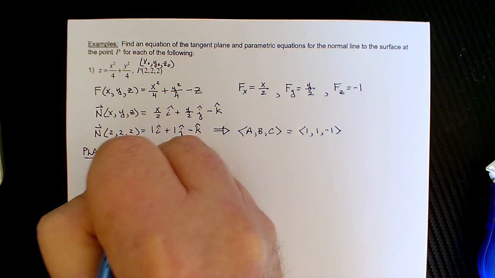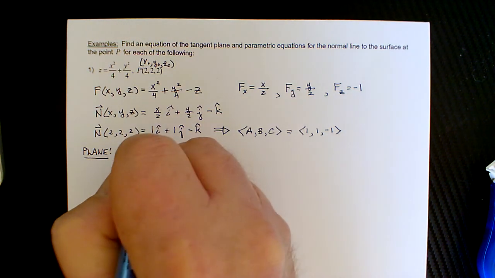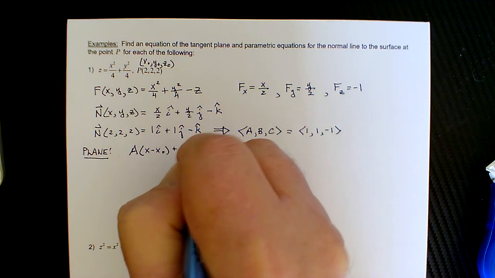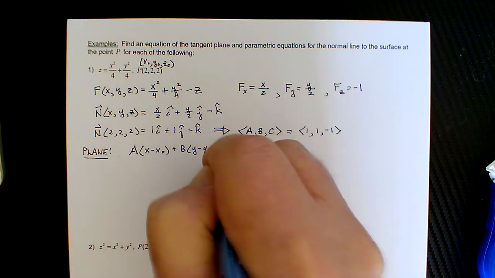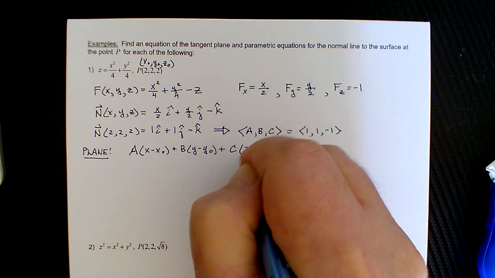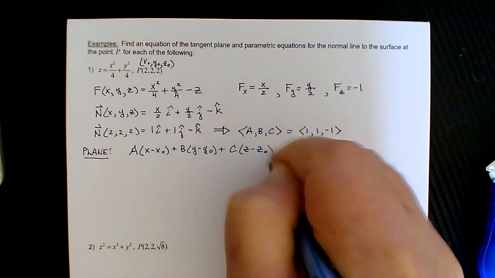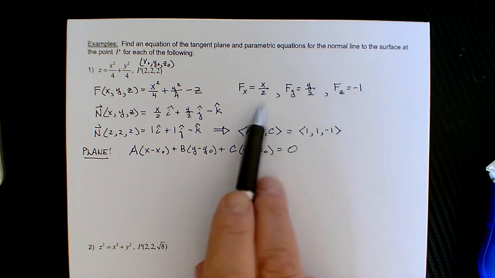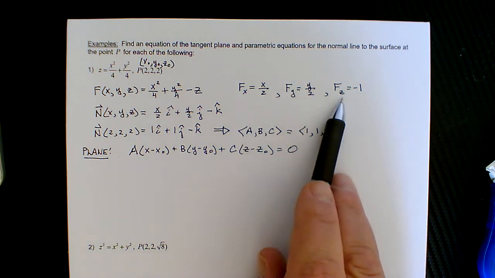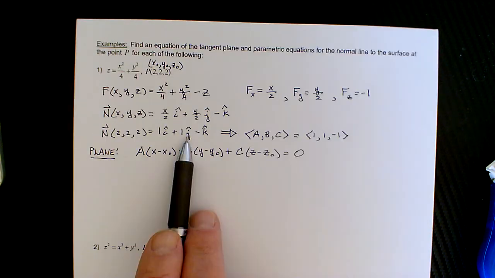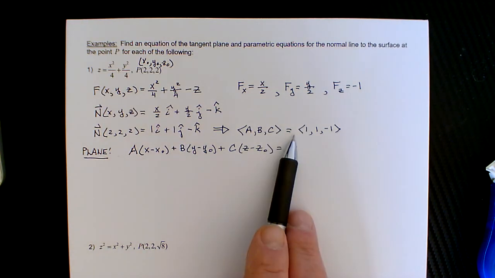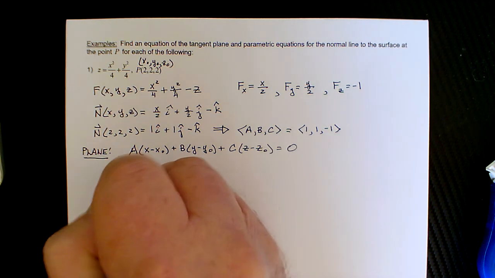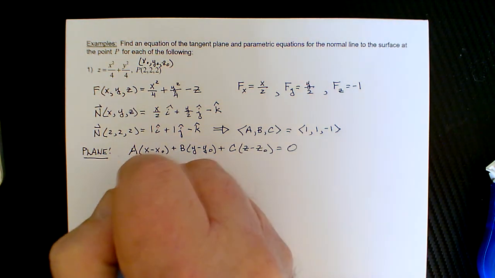So I'm going to write it like this: a times x minus x sub 0 plus b times y minus y sub 0 plus c times z minus z sub 0 is 0. So that's the easiest way to look at it, rather than using the f sub x, f sub y, and f sub z. If we just get that normal vector, call it a, b, c, then we'll be able to plug them in easily, looking at this form for the equation of the plane.